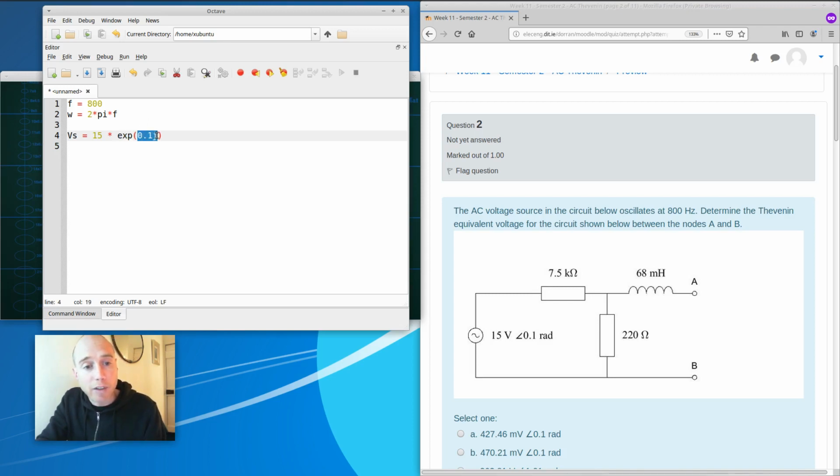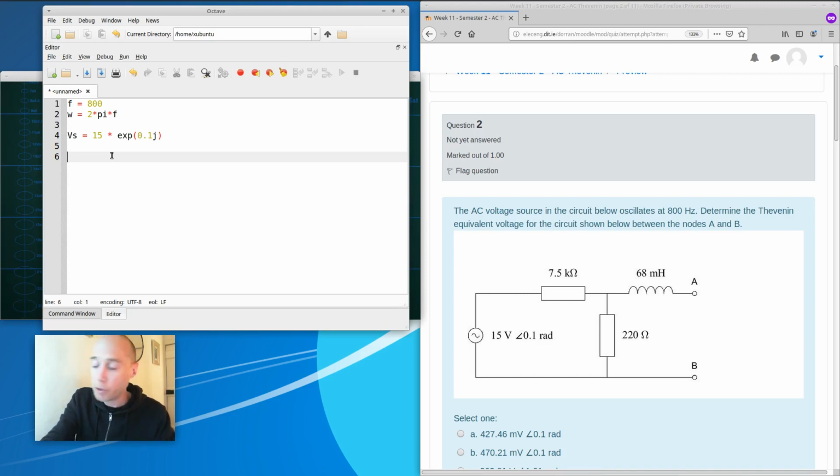But the interesting thing is that if e is raised to the power of an imaginary number, it always produces a complex number of magnitude 1, exactly magnitude 1. And whatever the size of the imaginary number is going to determine the angle in radians of the complex number. So this thing here is a complex number with the angle we want, but with a magnitude of 1. So we multiply that by the actual magnitude that we want in order to scale it up to a 15 volt phasor. So that's Vs.